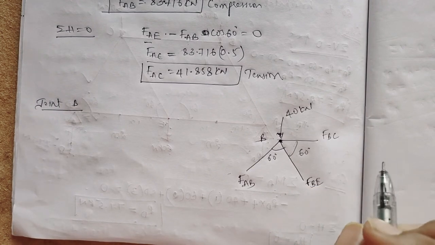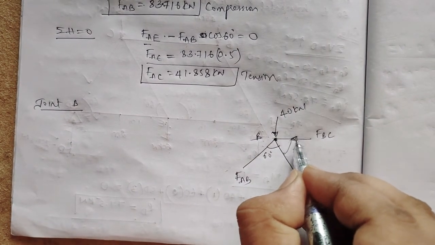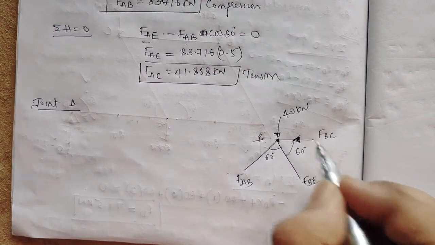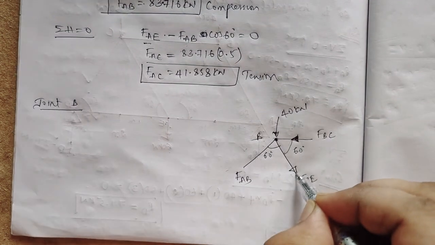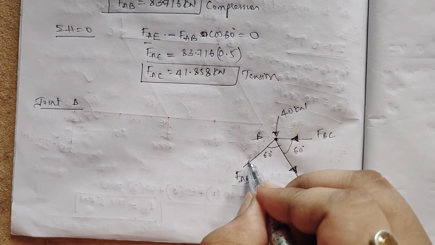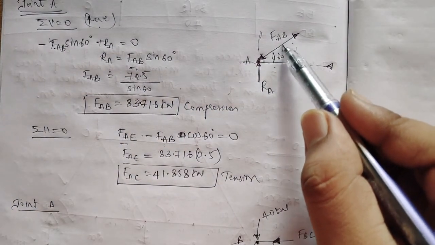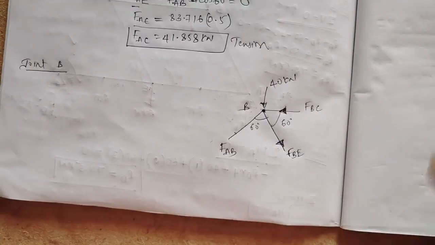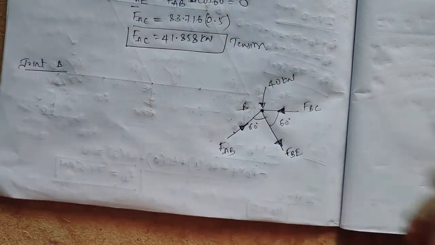40 kilonewton. Now I shall assume the forces. So FBC, I'll assume that it is going inside B. Let FBE be going outside, away, and FAB we already found out that it is going upward. So this force I have taken.